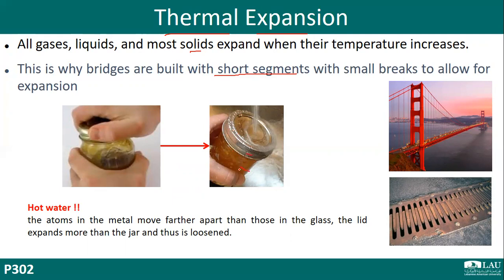Because we have two different materials, the glass and the metal, and we have a difference in behavior when applying the temperature. We are going to see that all materials are allowed to expand or to contract, but in a different way. So we have a parameter, a coefficient, controlling this expansion. We can easily say that here the metal lid has expanded more than the glass, and that's why we are easily able to open the jar after putting it under the water.